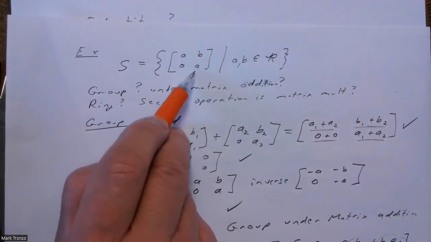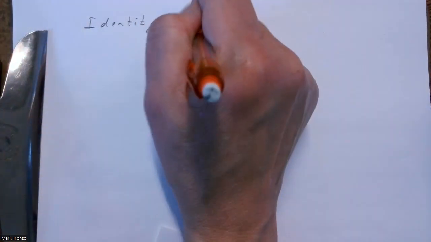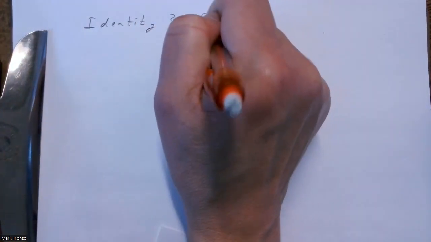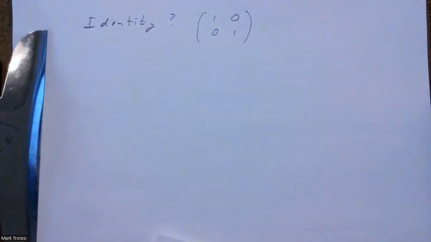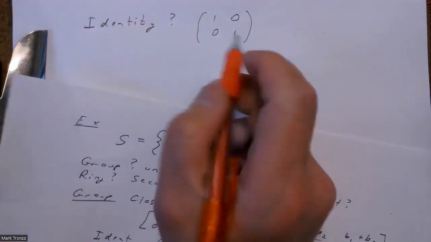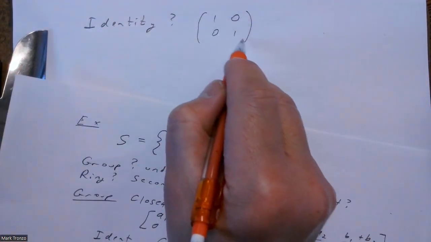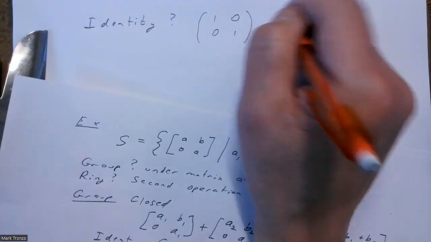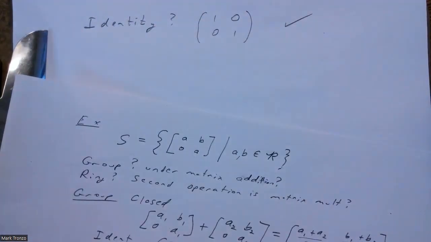And of course we're going to have that, because [1, 0; 0, 1] is the identity. If you remember from matrices, anytime you multiply something with this form, that will give you the matrix back. So the identity is there.